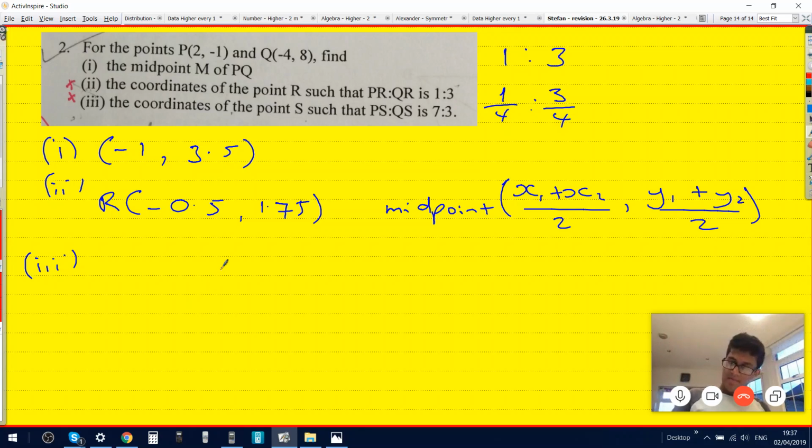Okay. And then number 3. You could use something similar. This is the 7 over 10th point. So we've got minus 4 plus 2 divided by 10, then times by 7, I think. I've got minus 1.4.